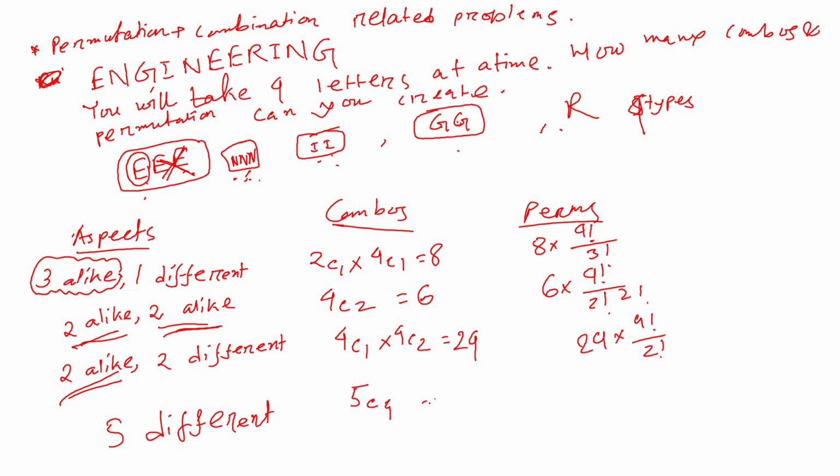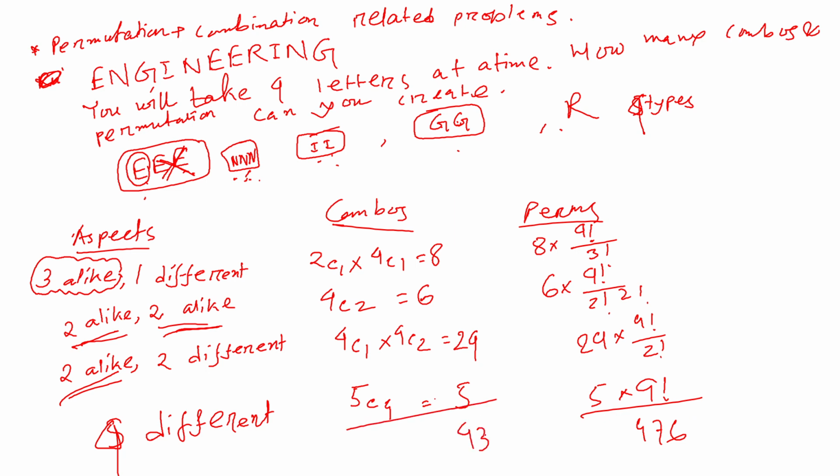Sorry, not five different, four different. I'm taking four letters. That is 5C4, and then it will be 5 times 4 factorial. And in total, you will get arrangement of 476 and combination of 43.